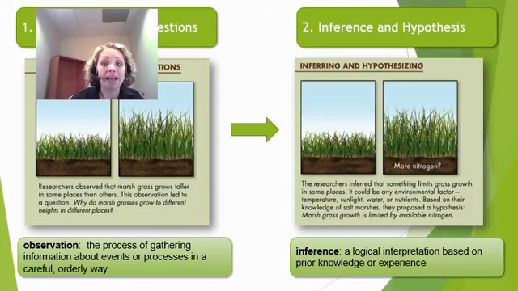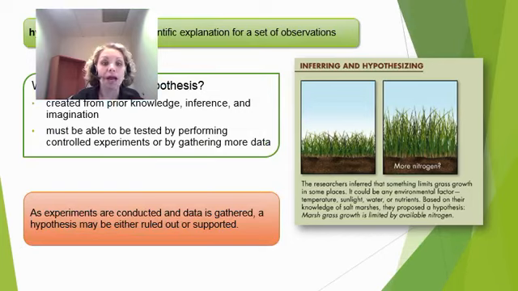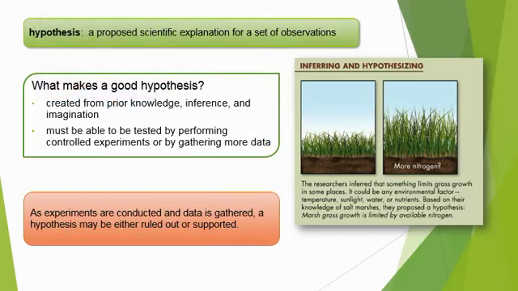I may then even make a hypothesis. Marsh grass growth is limited by available nitrogen, meaning if there's plenty of nitrogen, the grasses grow very tall, and if there is not plenty of nitrogen, they do not grow very tall, so it limits their growth. A hypothesis is a little bit more than an educated guess, like you may have learned in previous science classes.